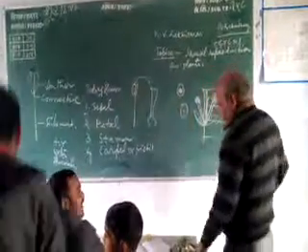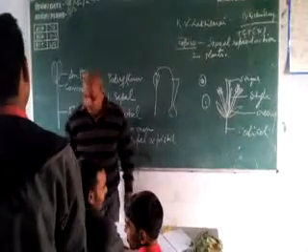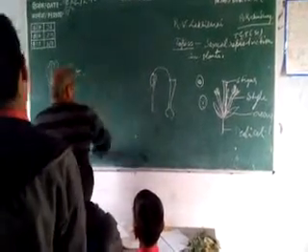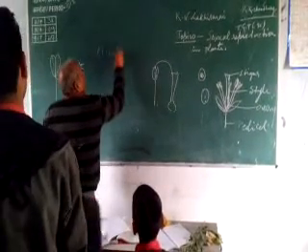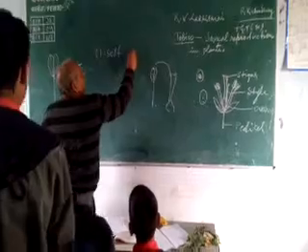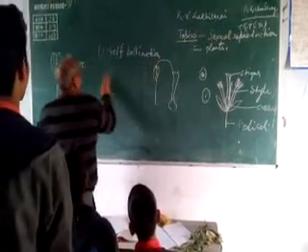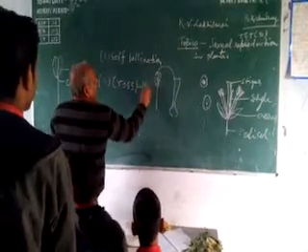Now say the names of these pollinations. Self-pollination and cross-pollination. First, self-pollination. Second, cross-pollination.